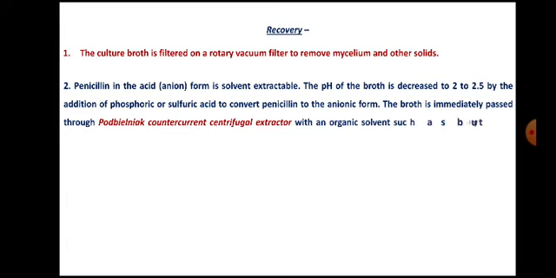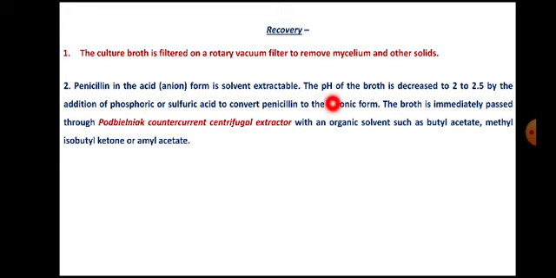There is an interesting property of penicillin: if you see the structure of penicillin, it can be in the form of COO minus. Penicillin in its acidic form, that is in anionic form, is solvent extractable. That means it is maximally soluble in suitable solvents rather than aqueous.